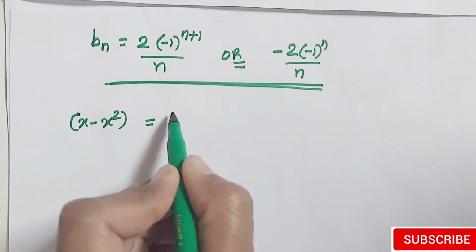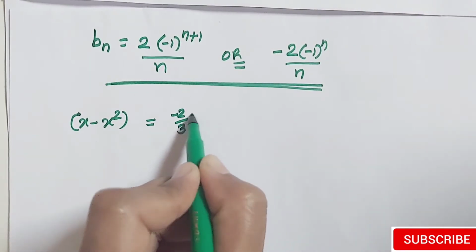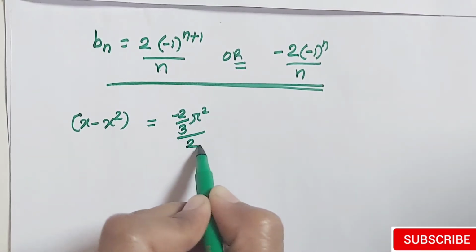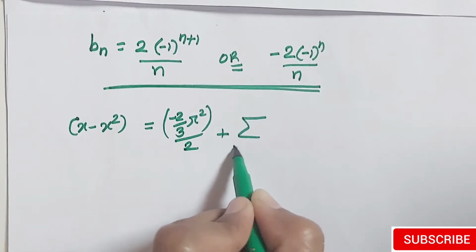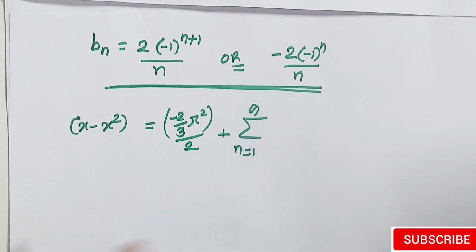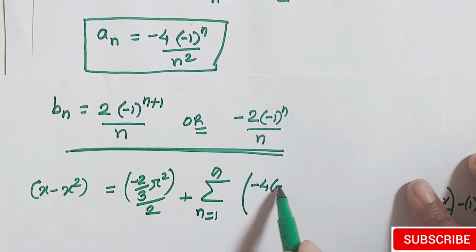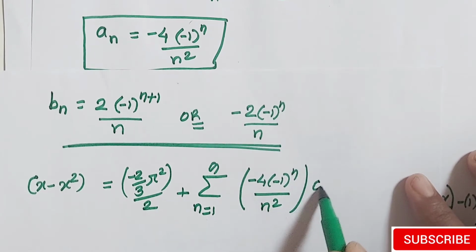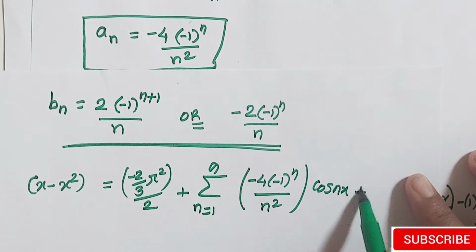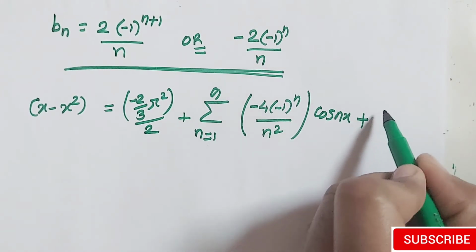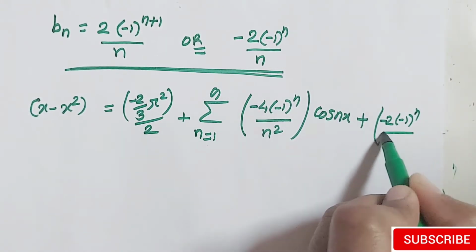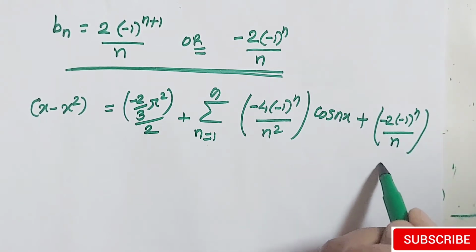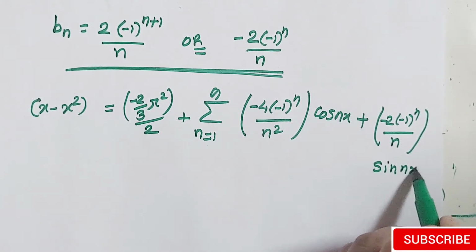So here minus 2 by 3 pi square divided by 2, that is a0 by 2, plus summation n running from 1 to infinity of an, which is minus 4 minus 1 raised to the power n divided by n square, into cos nx, plus bn, which is minus 2 minus 1 raised to the power n divided by n, into sin nx.